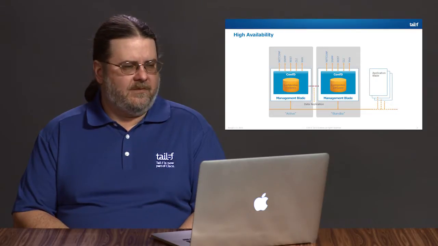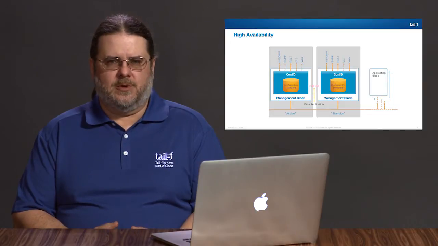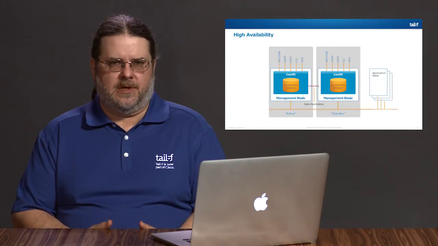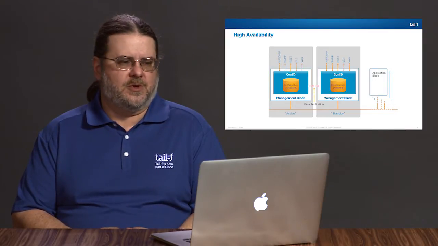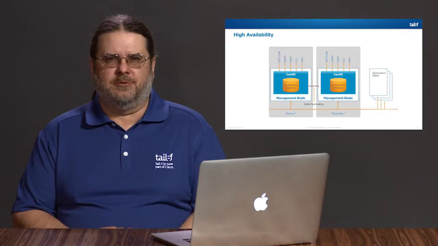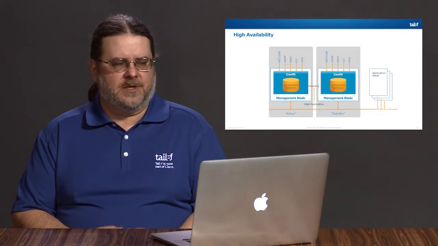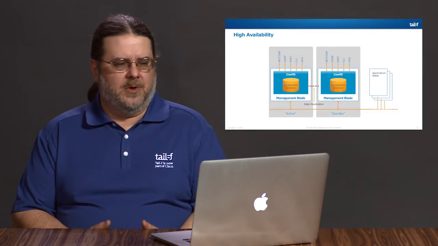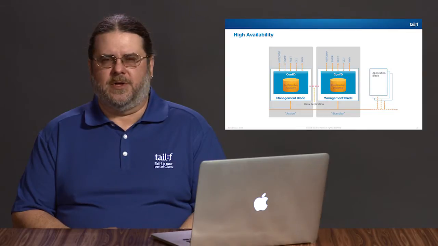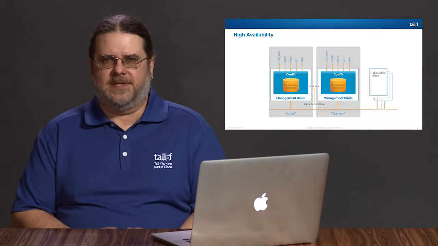Now, in the world of high availability, what ConfD focuses on is preserving the configuration data. ConfD does not provide your high availability middleware services such as master election, failover control, etc. That needs to be done by external high availability middleware, of which there are various options available in the market, as well as many companies having their own in-house high availability frameworks.